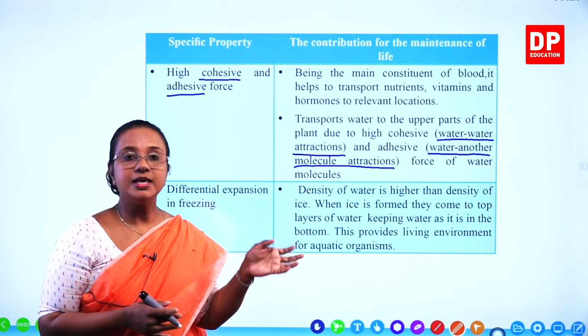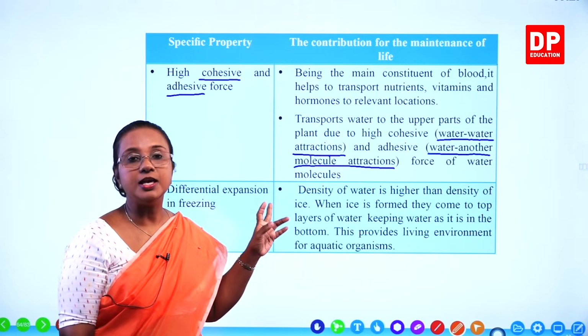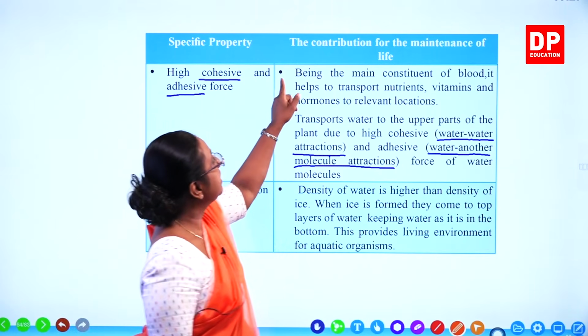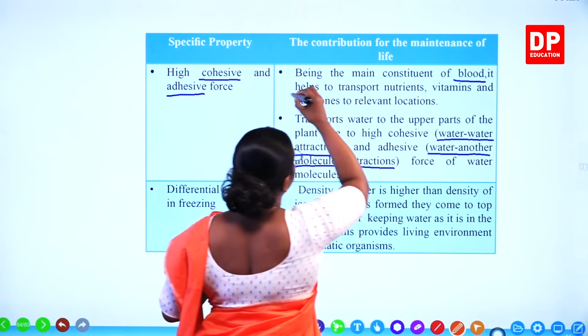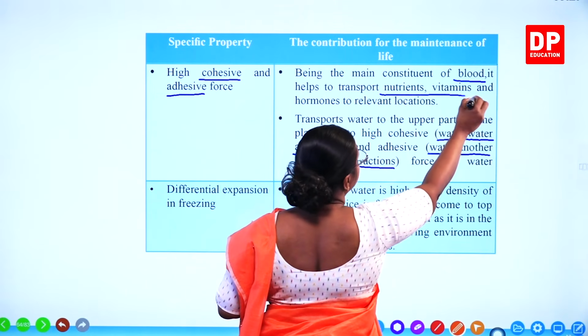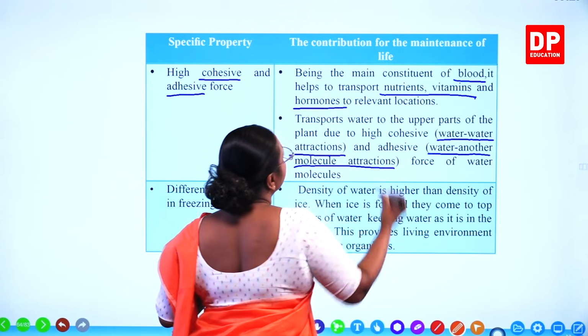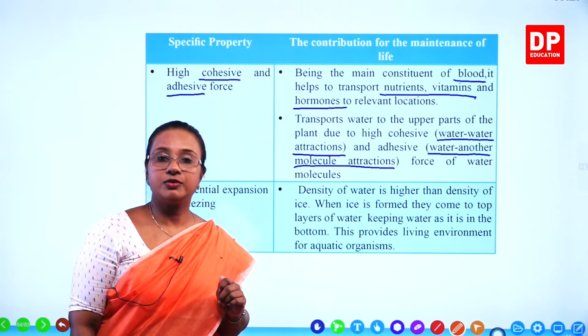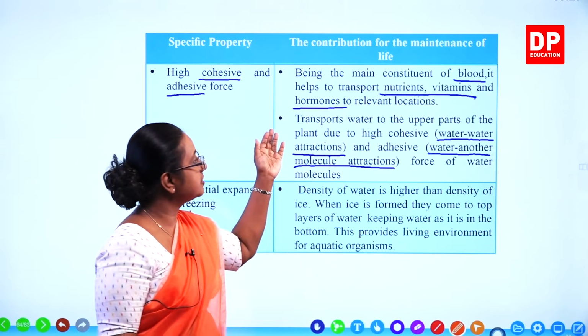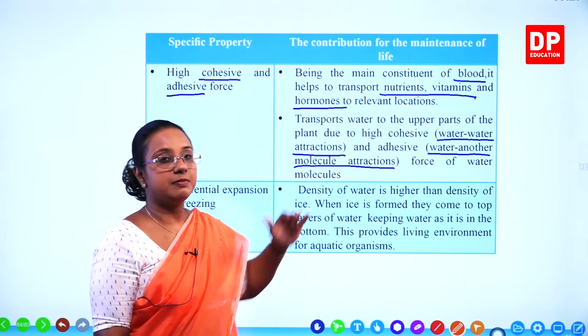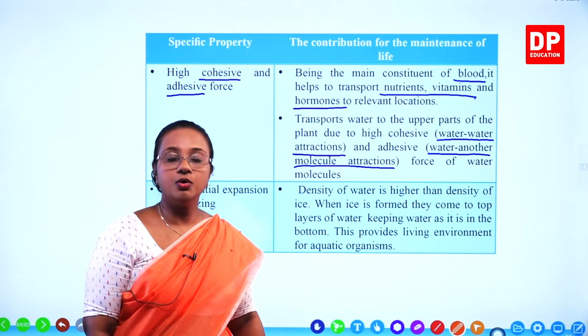Now we will see how this helps living organisms. Being the main constituent of blood, it helps transport nutrients, vitamins and hormones to relevant locations. So, as you know, these are three types of substances, nutrients and vitamins as well as hormones.